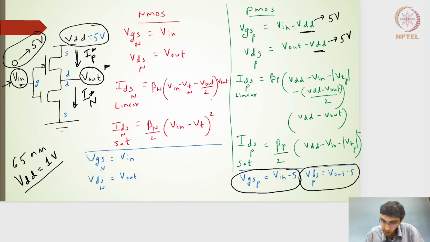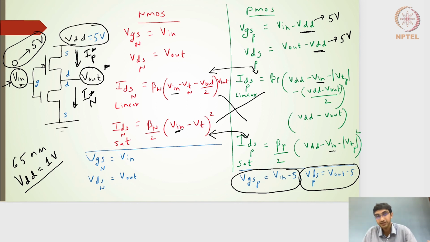So I can equate this to this, or this to this, or this to this, or this to this. So there are 1, 2, 3 and 4. If I have those 4 equations evaluated, I should be able to know for a particular V input voltage what is the solution current and what is the solution output voltage.